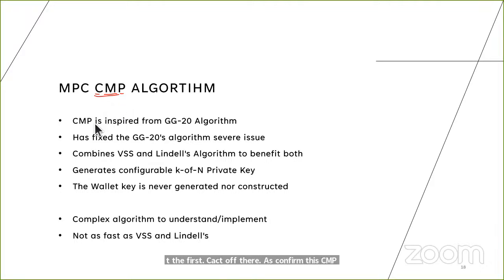And yeah, the CMP algorithm is inspired by the GG20 algorithm. But some years ago, Fireblocks announced a severe algorithm-level issue in GG20, and after that, the authors of GG20 also announced that this algorithm is obsolete and shouldn't be used because of the issue.